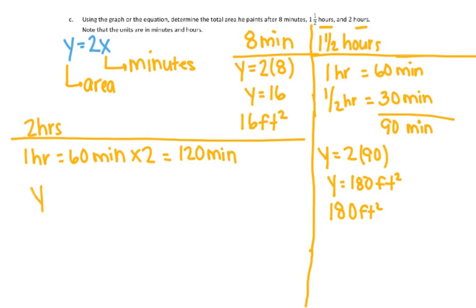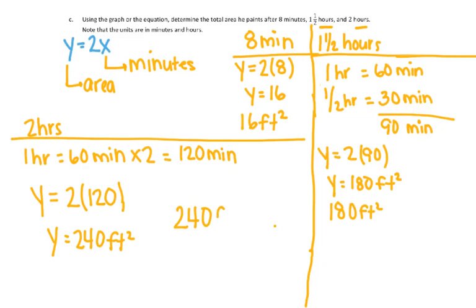So I'm going to use my equation y equals 2 times 120 minutes, because I had to convert that to minutes because that's what my equation was requiring of me. And when I multiply 2 by 120, I get y equals 240 square feet. Meaning in 120 minutes or 2 hours, he's going to paint 240 square feet.